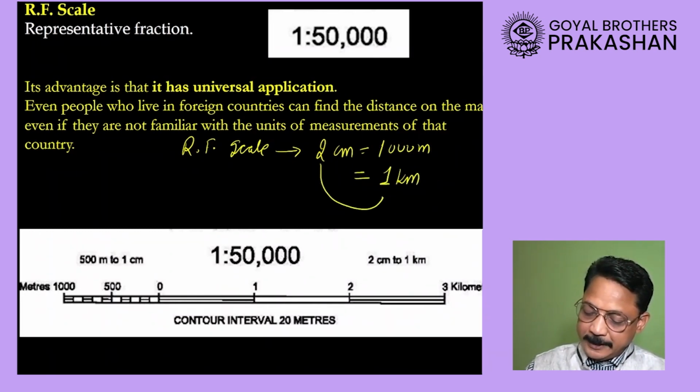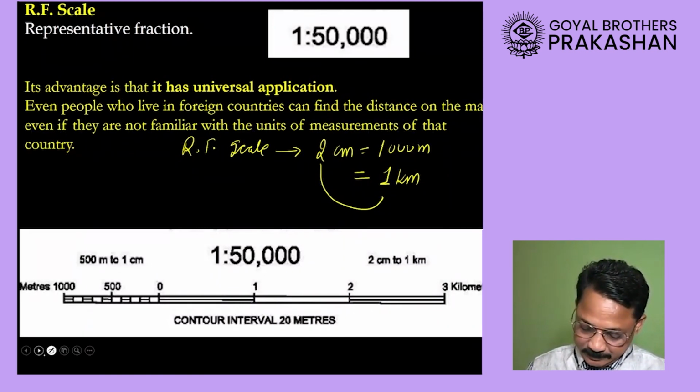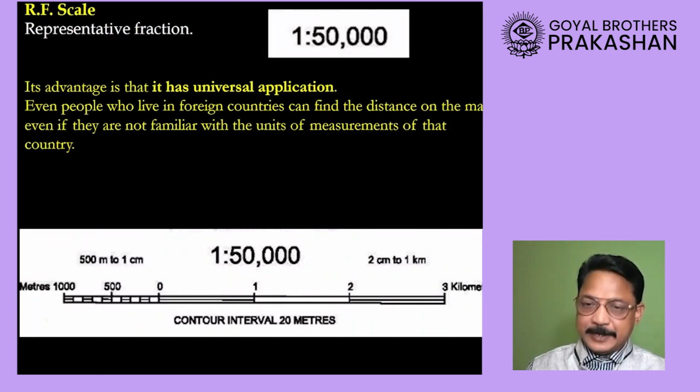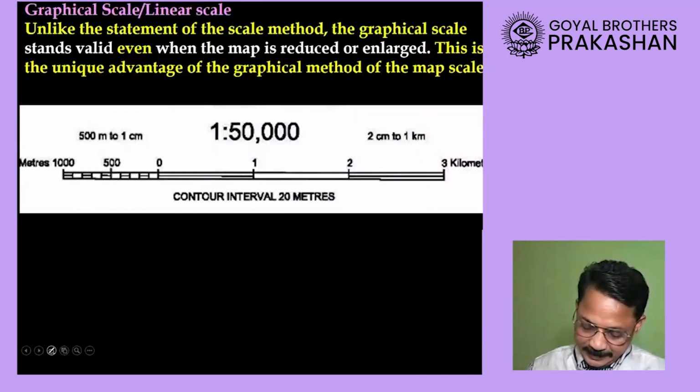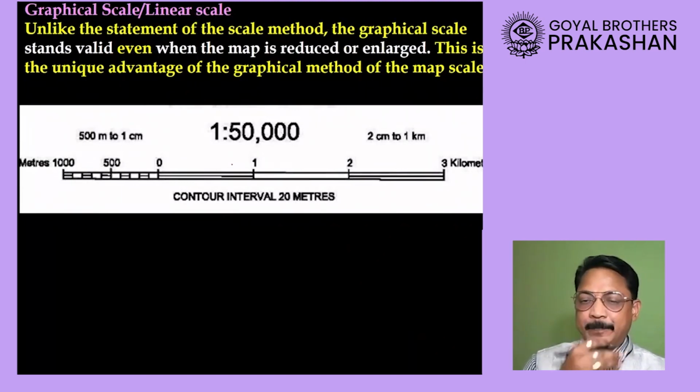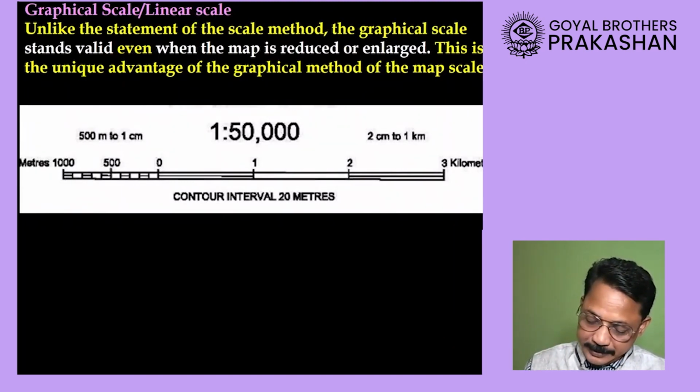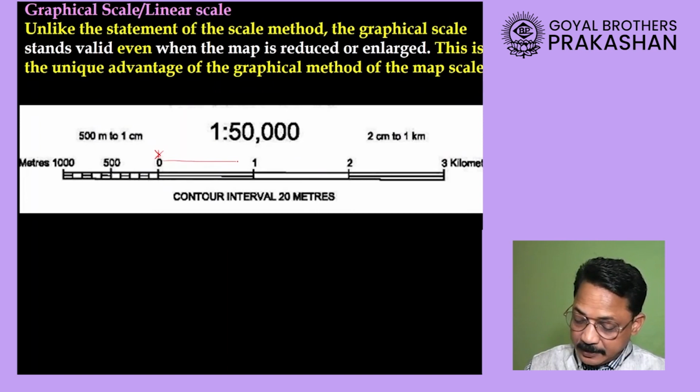So ultimately 2 centimeter is equal to 1 kilometer. Okay, and finally after RF scale, dear students, now we have graphical scale. Now please see here, if I put my scale on 0, I stretch my scale till 1.